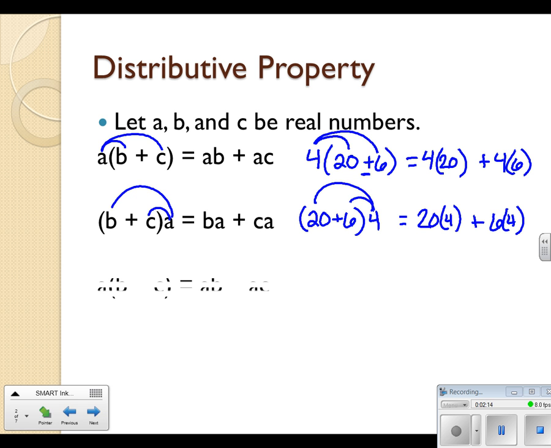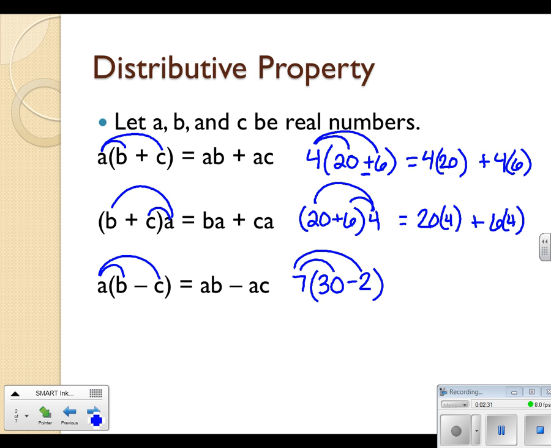The same works for subtraction. You distribute the A to the B and the A to the C again. On this one, I'll use three different real numbers, 7 times in parentheses 30 minus 2. I'm distributing that 7, but when I write it out as I simplify, I have 7 times 30 minus 7 times 2.